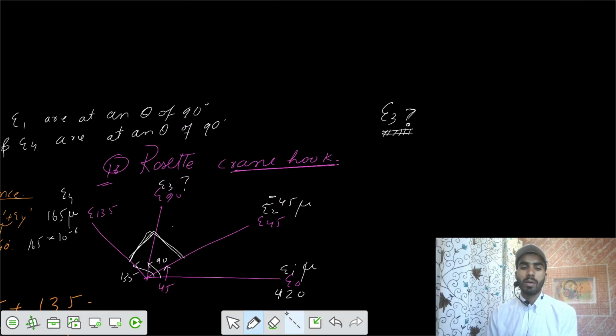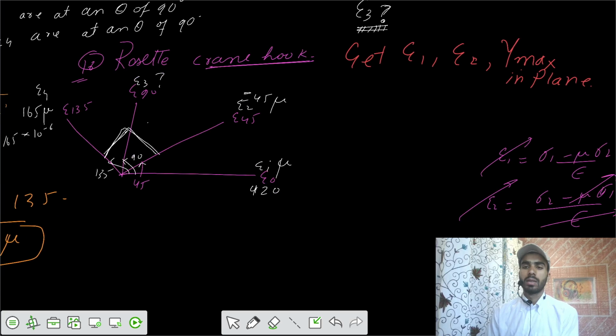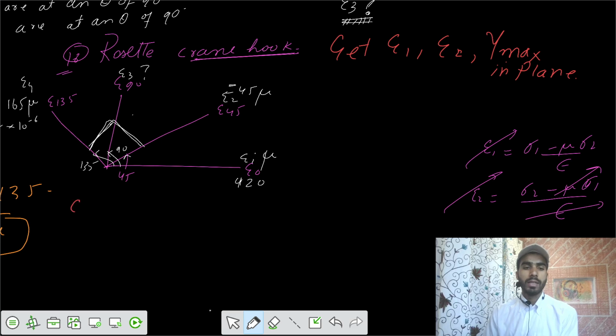Now the next part is to get the major principal strain, the minor principal strain, and also gamma max in plane, the maximum shearing strain in plane. We know the equation, but we don't know gamma xy, so we need to get gamma xy also.